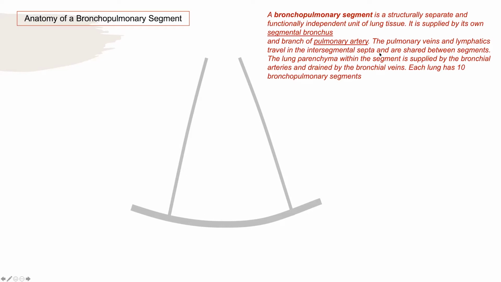So the word bronchial and the word pulmonary should be very clear in your minds. Pulmonary is used for gaseous exchange for the whole of the body, and bronchial is the arteries which supply tissue of the lung, the veins which drain tissue of the lung. Each lung has 10 bronchopulmonary segments, period. We are not going into that discussion of 9 and 10, to make your life easy.